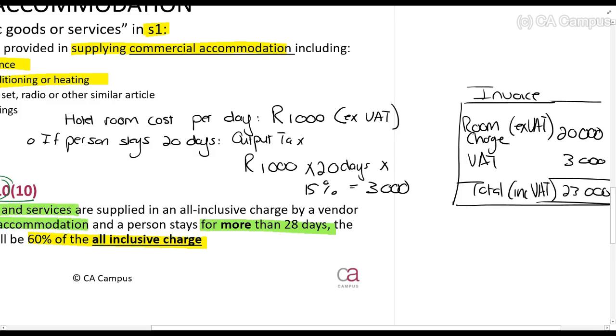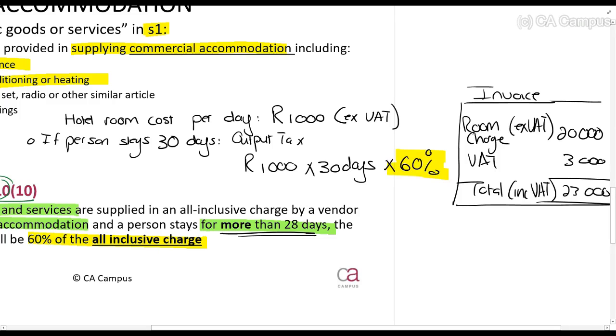Okay, now if that is instead of 20 days, let's make it 30 days. So it is more than 28 days. If that happens, pay attention to what happens here now. It's 1,000 times 30 days times 60%. Make sure that you see that, times 15%. So there's a discount on it.